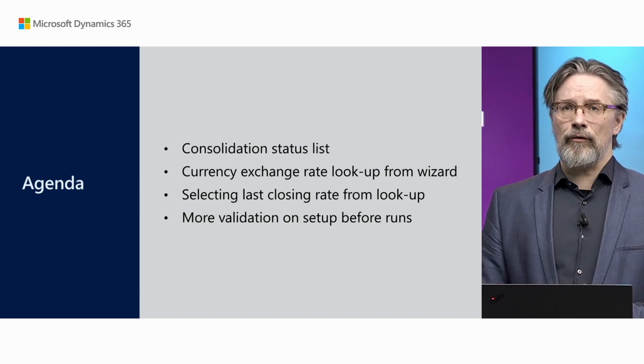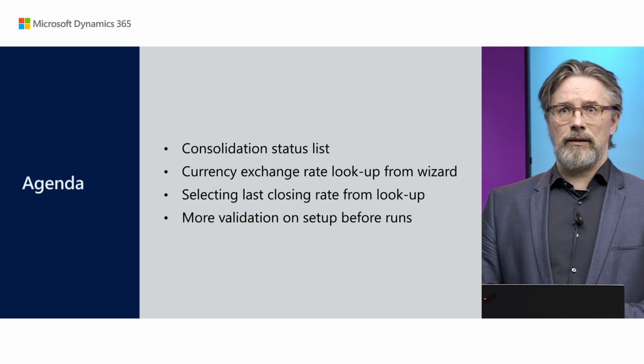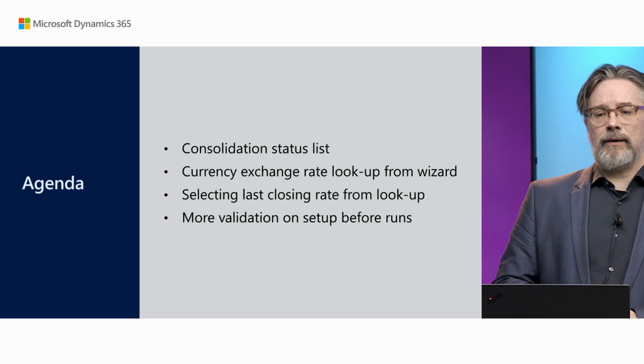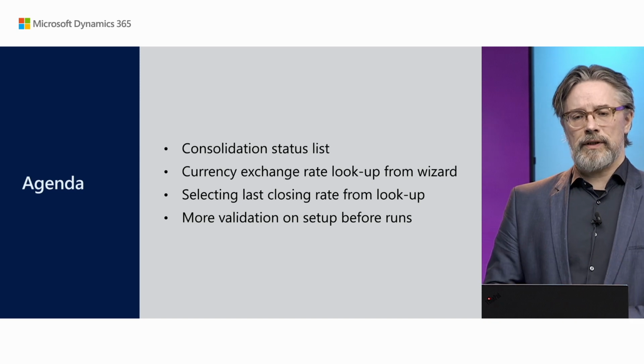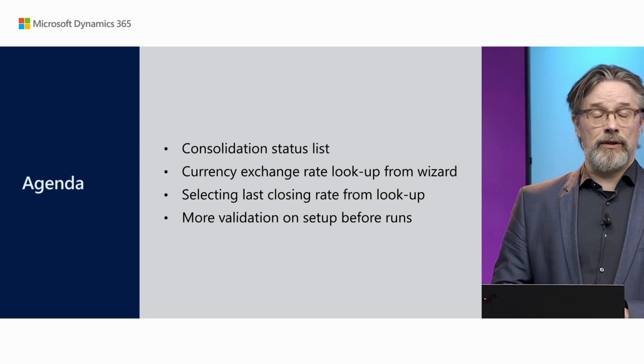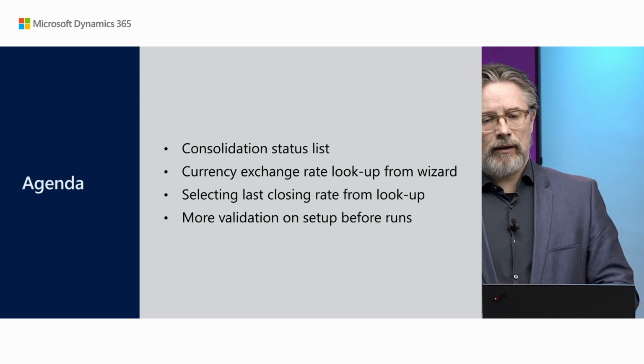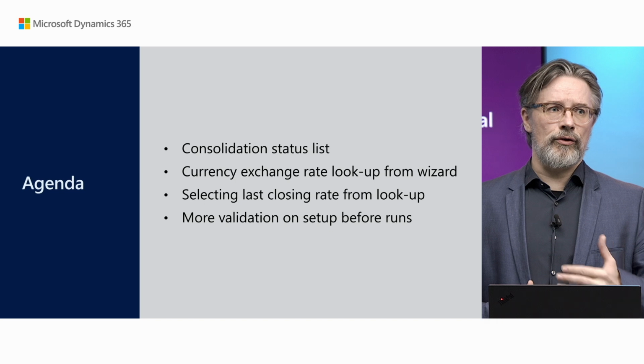If you're recovering from mistakes, you will be able to look up the last closing rate while you're doing consolidation. That helps you enormously when you're trying to do recovery. And in the whole process, we have introduced some validation so you don't accidentally make mistakes.